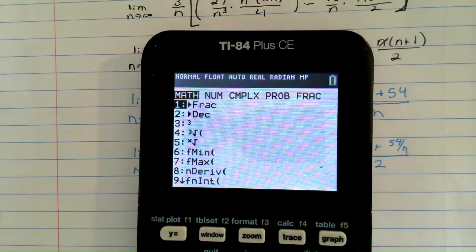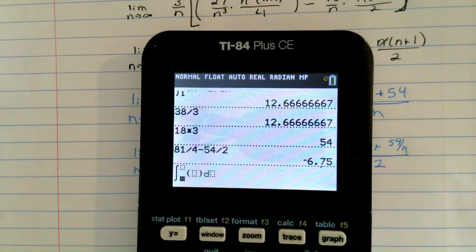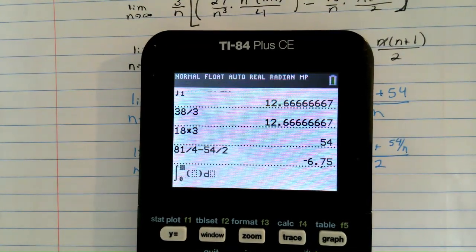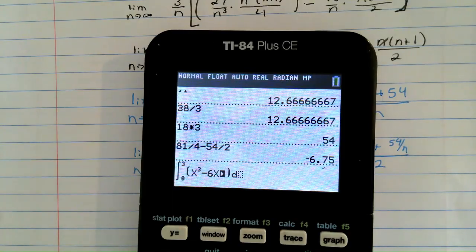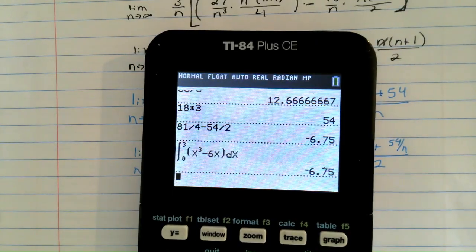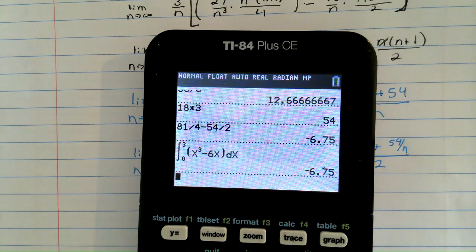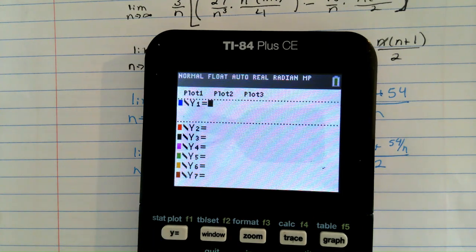Okay. We did 0 to 3 of x to the third minus 6x. And it's getting negative as well. Why is it negative? Well, let's just check this out.